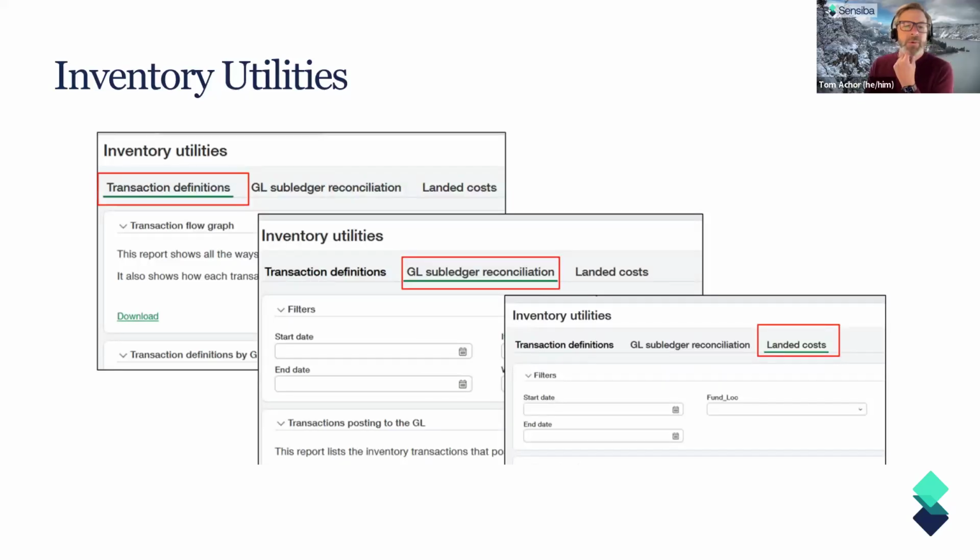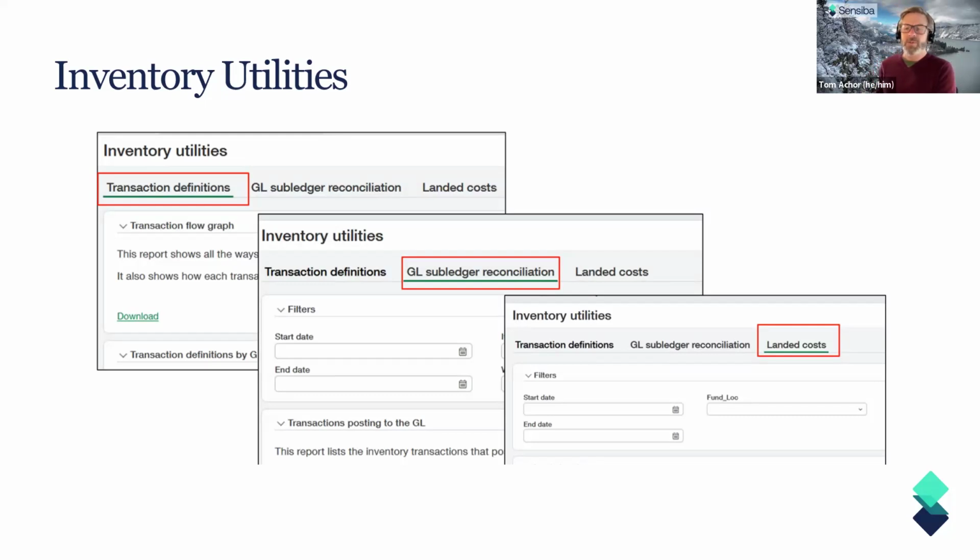In the inventory module, there's a new permission that needs to be created if you want to give access to this, but this inventory utilities is actually 3 different sets of reports. There are 3 tabs under inventory utilities. Here you can see we've got transaction definitions, GL subledger reconciliations, and then landed cost reports.